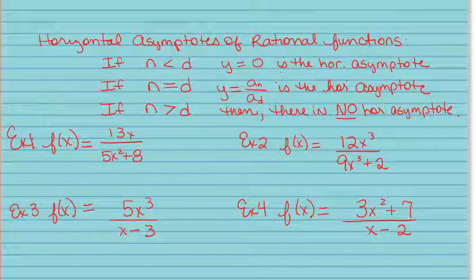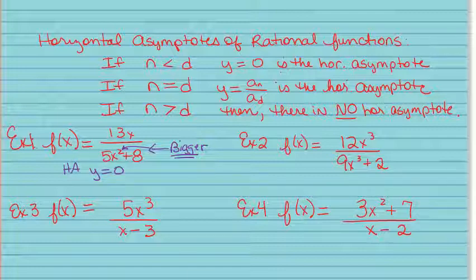So the first example, we see that the numerator is degree 1 and the denominator is degree 2. So this one's big on bottom. And so the horizontal asymptote is going to be y equals 0.